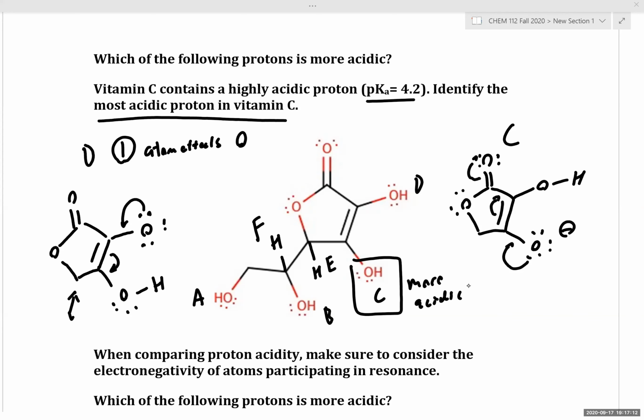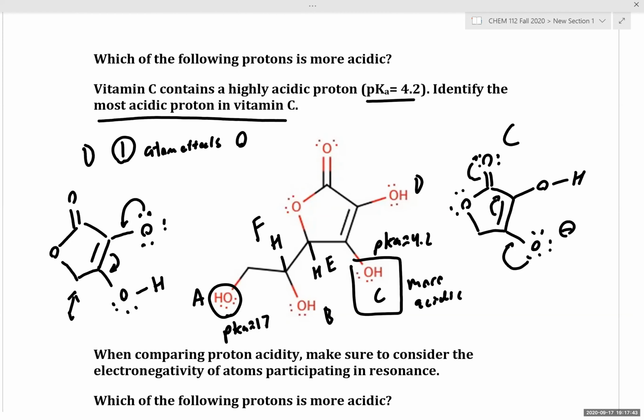Does that make sense to everyone? So that's why this proton has a pKa around 4.2, which is 13 orders of magnitude, almost millions or billions of times more acidic than your normal alcohol proton with a pKa of around 17. That's a huge effect, thinking about the difference in pKa units.